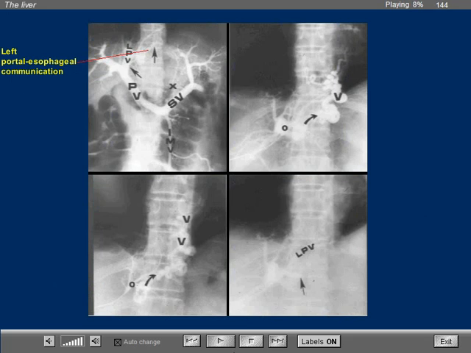Finally, despite the successful obliteration of veins X, Y, and Z, we could see that from the left portal vein, a large collateral was connecting the portal system with the esophagogastric region. Note that upon selectively catheterizing the left portal vein and obliterating it, we have stopped the flow to the esophagogastric region.